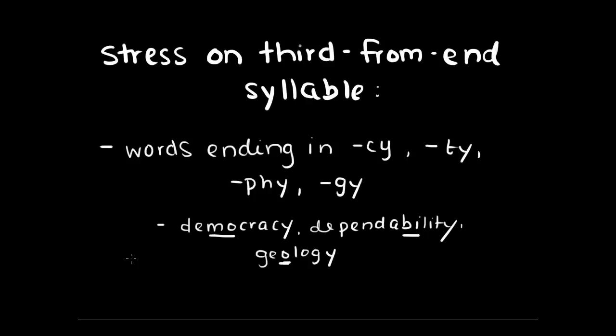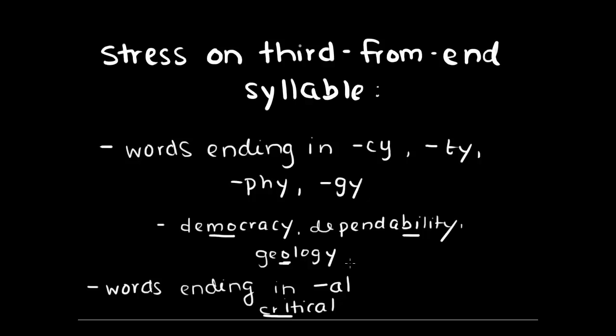The next rule for third from end syllables is words ending in AL. And there's a couple of words like this. Critical, the stress is on the crit at the beginning.